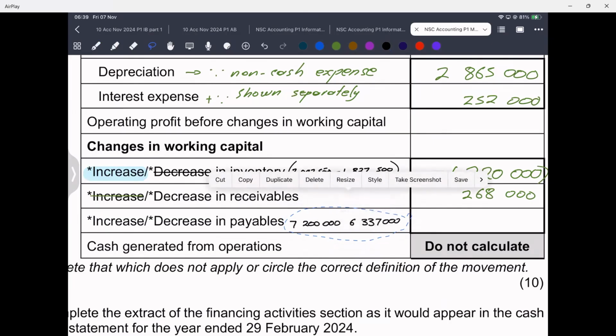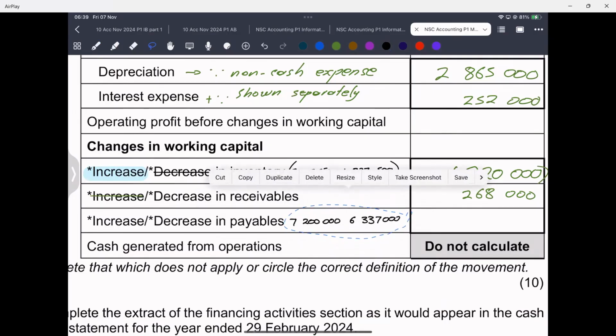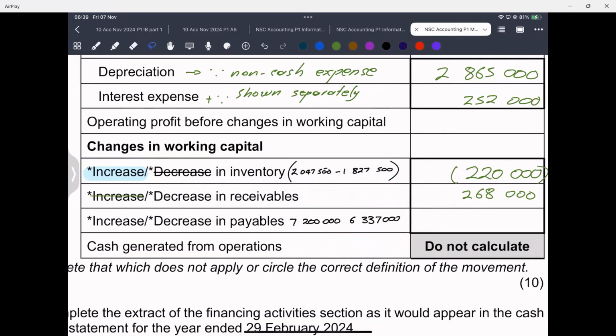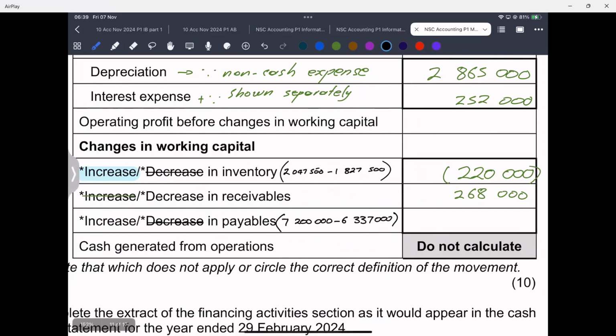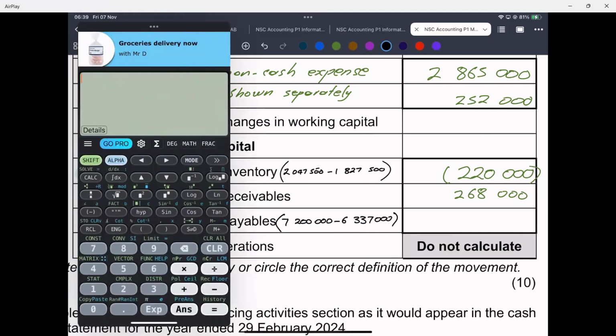When it goes up, I need you to understand that it represents us saving some cash. It means we bought stuff on credit and we saved cash. And when we save cash, an increase in payables results in a cash inflow.